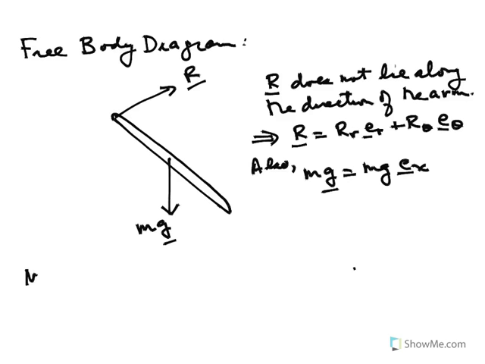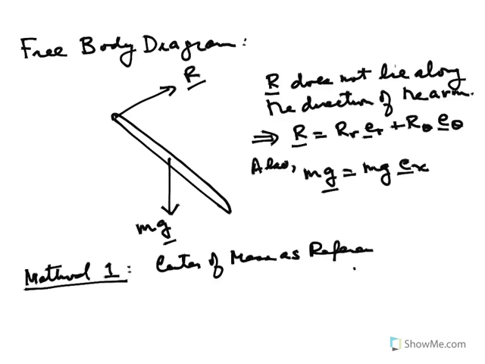So method one is the center of mass as the reference. This is not always the algebraically easiest way to do things, but it is the most straightforward way conceptually. So we're going to apply Euler's first law.